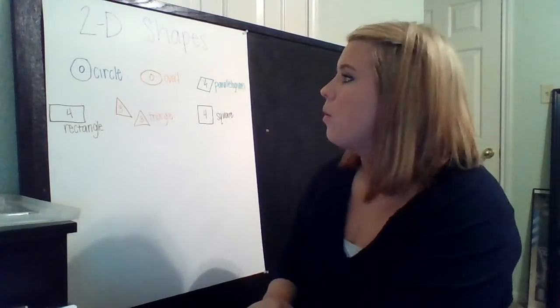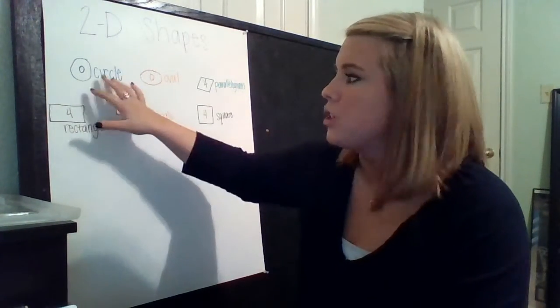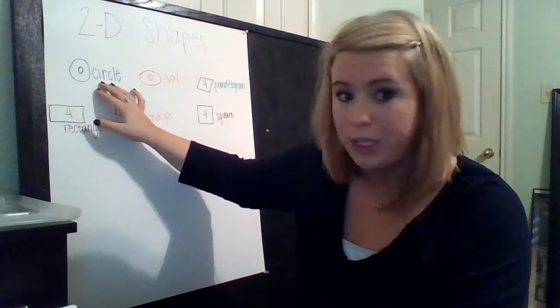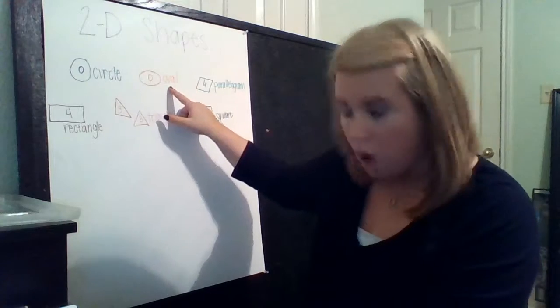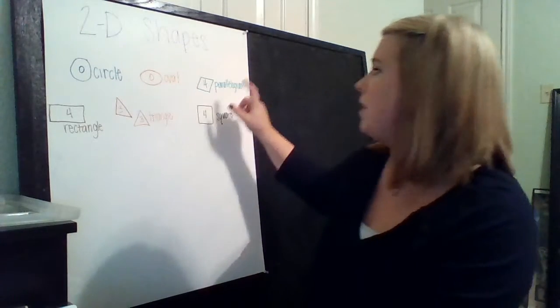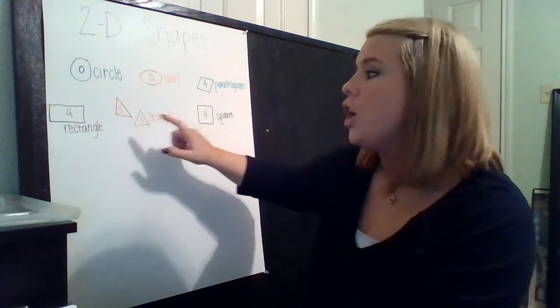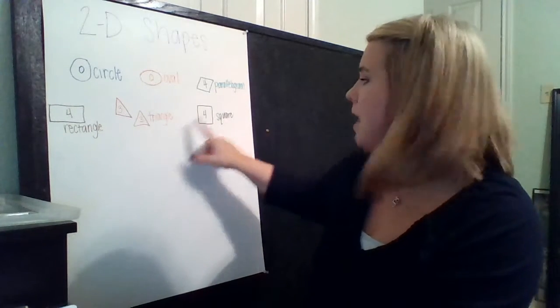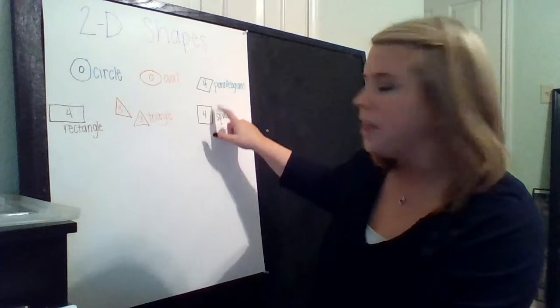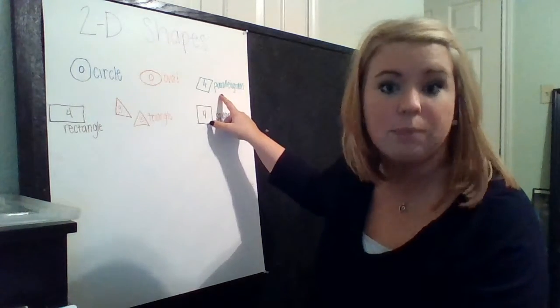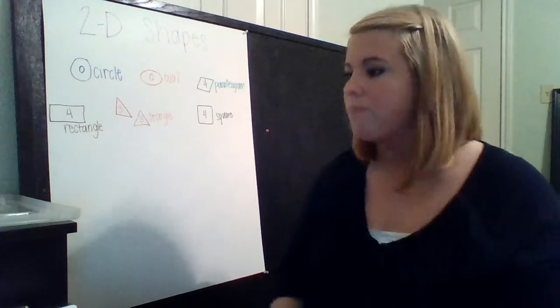Next, let's review. So we have a circle with 0 sides that you've pretty much known. This should really just be review. An oval, again, 0 sides, and then rectangle over here with 4 sides, your 3-sided triangles, and your 4-sided square. The only thing that might be kind of starting to get new is a parallelogram, which is a 4-sided object also.